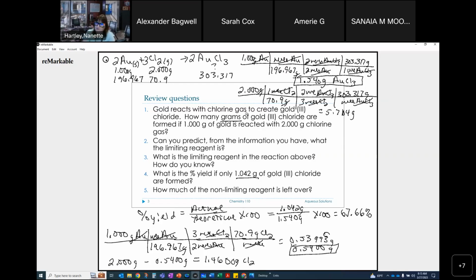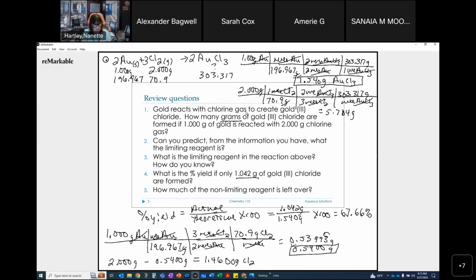Okay. This may be a weird question, but in the original question, how did you get 303.317? Because for some reason, when I did my calculations, I did not get that. So I have an AuCl3. I took the mass of the Au, which is 196.97, plus 3 times 35.45.